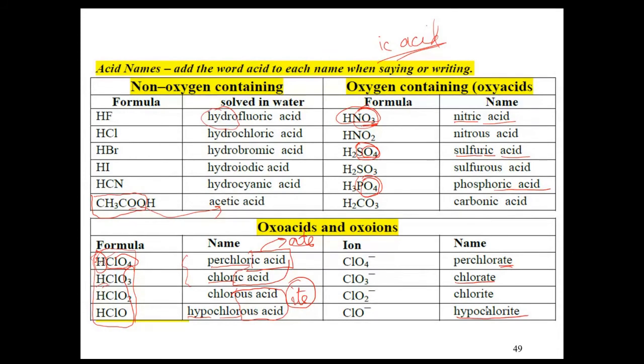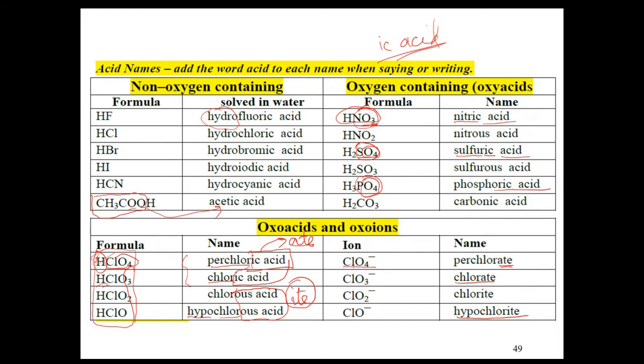Yes, boys. Any question? Can you repeat the last one? Yes, no problem. And I am recording this lecture, so the video will also be available. Now, you will change ic to ate and ous to ite. Here it is perchloric acid.